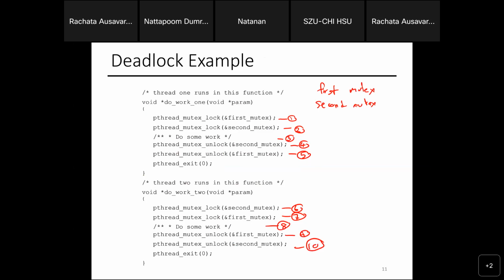I run line 1 and 6. What happened afterwards? The second line cannot run because the second thread locked the second mutex, right? So if I run line 1 and 6, both mutex are taken, right? Which means that it's a deadlock.